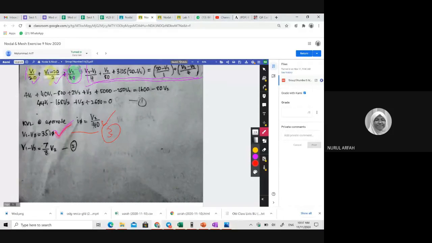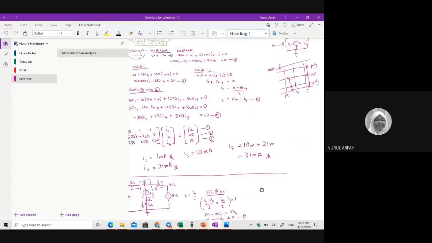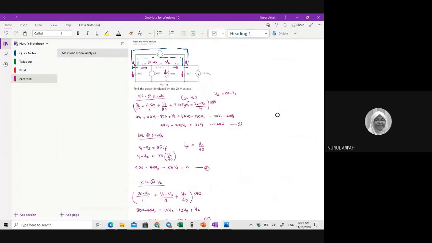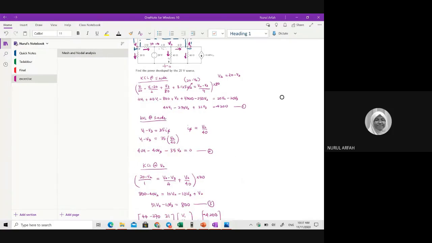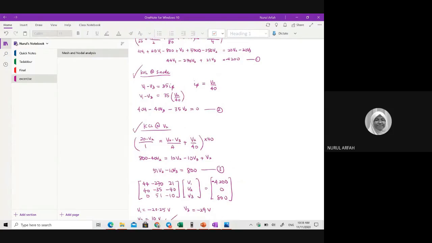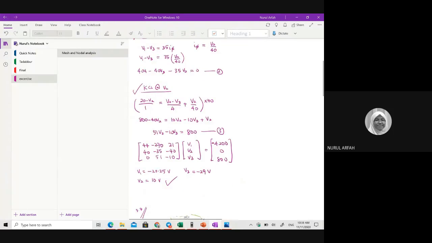If you rearrange that, you will get something like this. If you rearrange, you have the supernode equations here, and then you have KCL at V2, and then you do your matrices, and you will get these V1, V2, and V3 values.